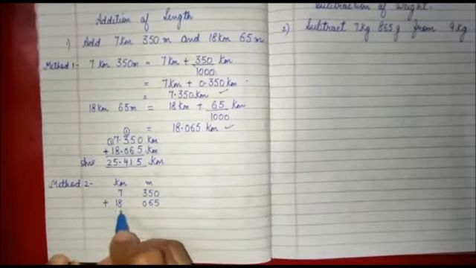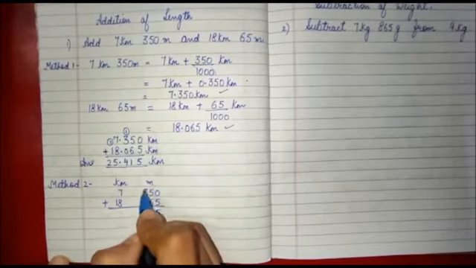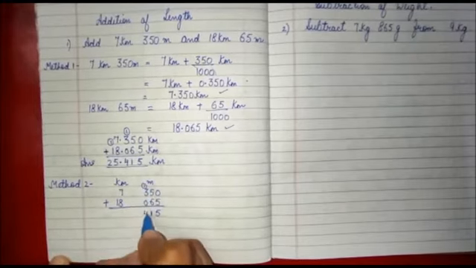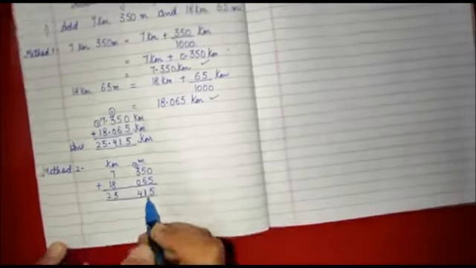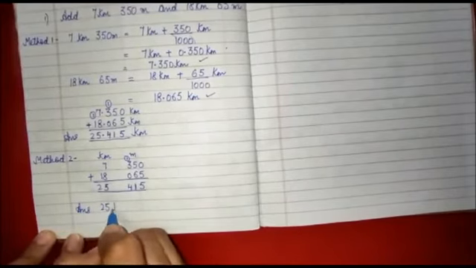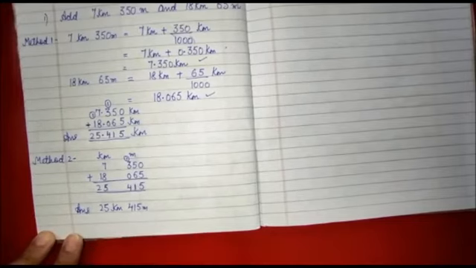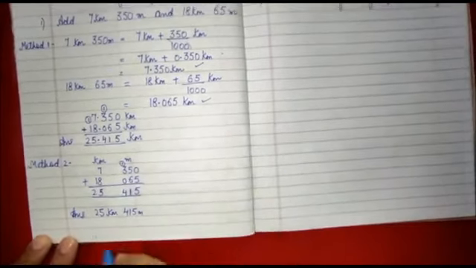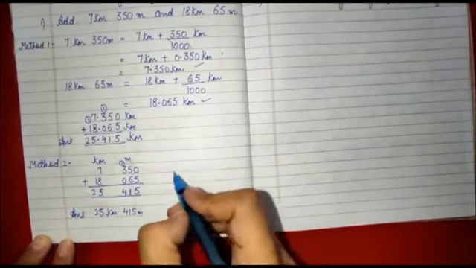So let's add them now. It will give me 5, 11, here I will have 4 and here I will have 25. So I have the answer here, 25 kilometer, 415 meter. The final answer should be in kilometer. So to get the final answer into kilometer, after this answer I am going to convert it here.